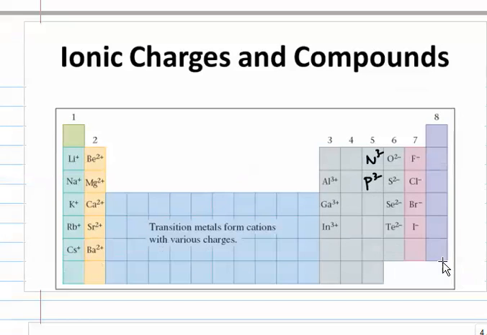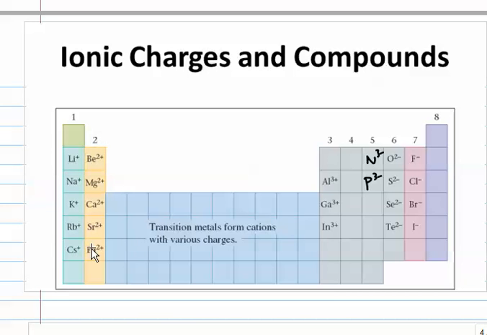So, for example, if we look at our periodic table, and here is just a simplified version, we will see that in group 1, what we call our alkali metals, all of these metals will have a tendency to form +1 ions. That is, they will lose a single electron, becoming the lithium +1, or the sodium ion, or the potassium ion, rubidium.